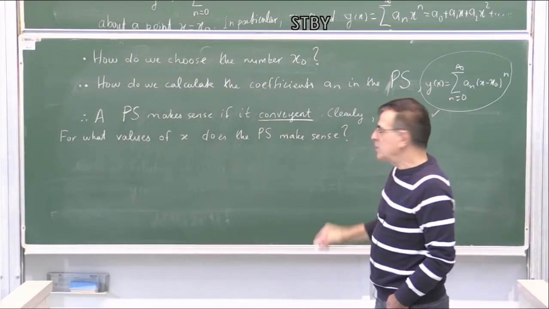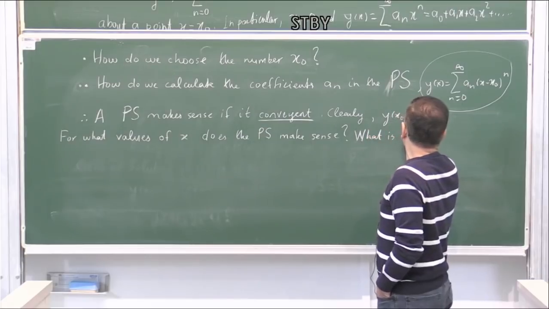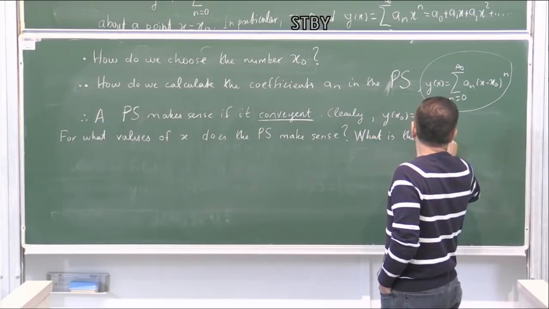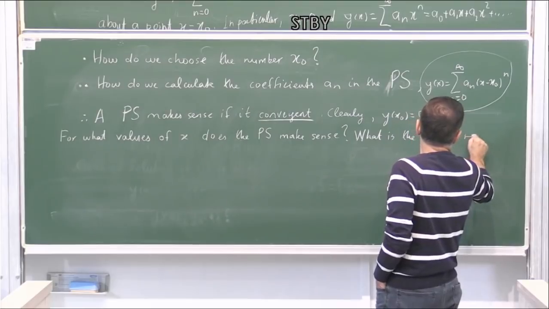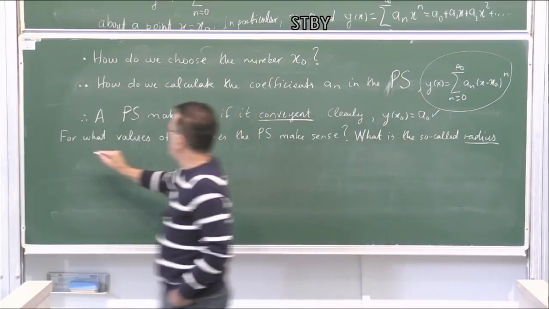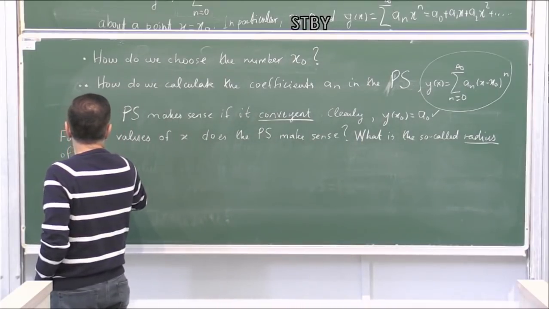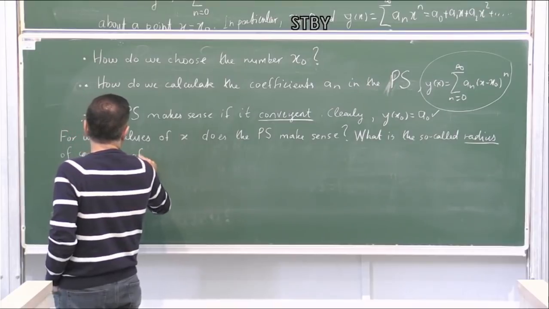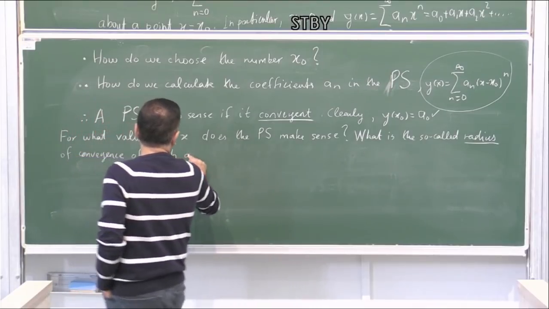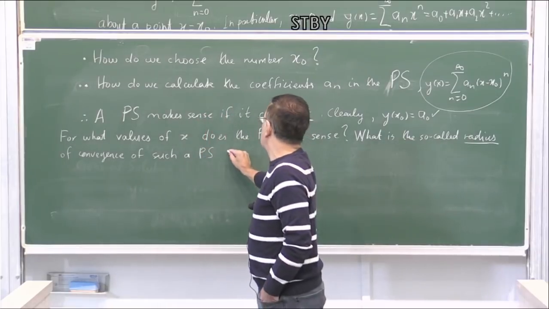In other words, what is the so-called radius of convergence of such a power series solution?